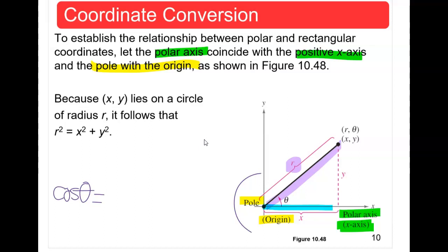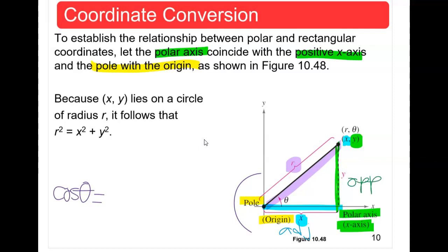Then we have here x, which is going to give us the adjacent side of the triangle. And then we have here the vertical side, which is y, and that is going to give us the opposite side of the triangle.